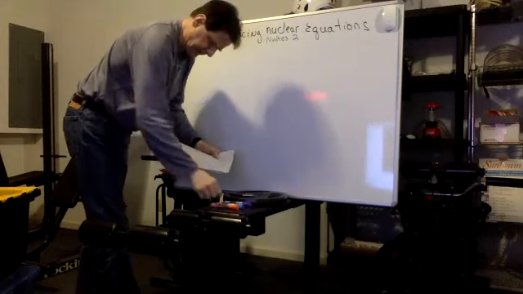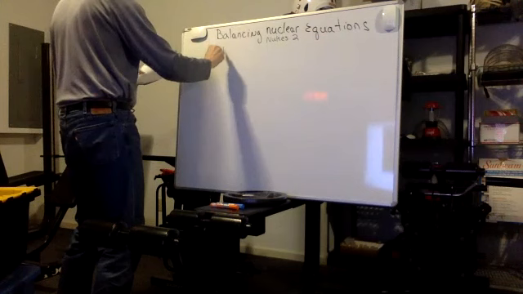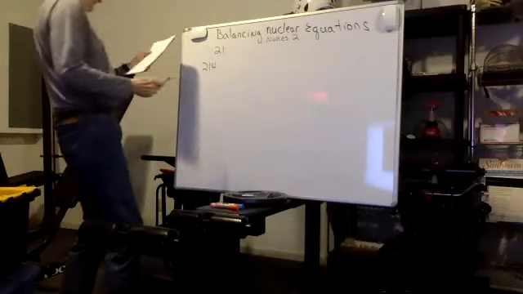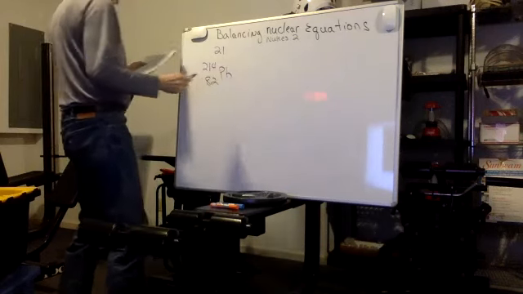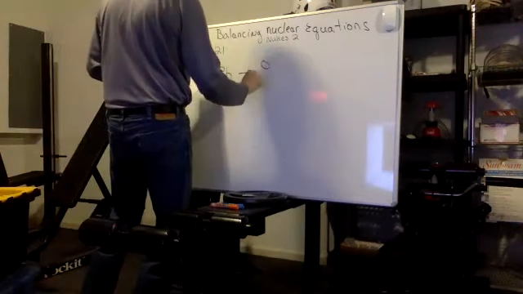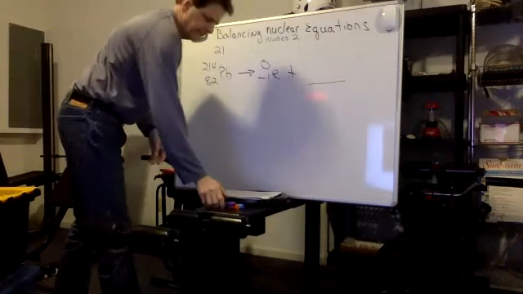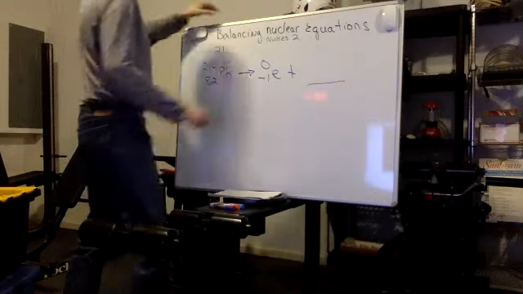Let's see here. Next up, 21. Got 214, 82 Pb, 0. Okay. So we got 214 on top.